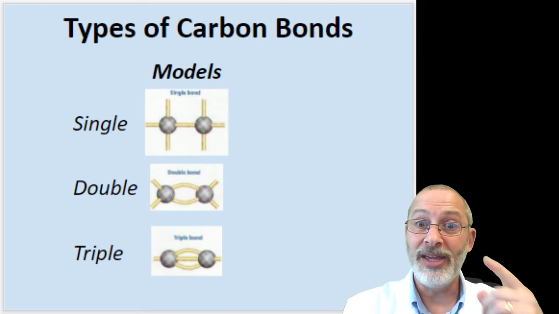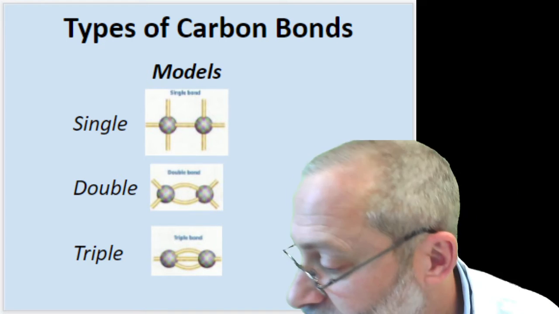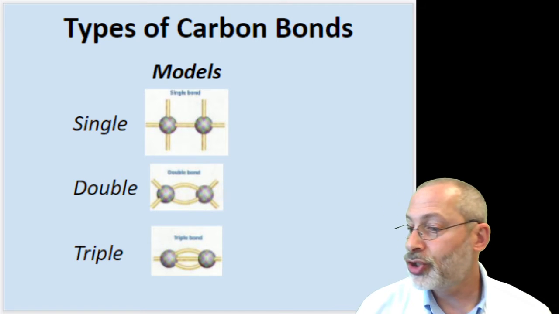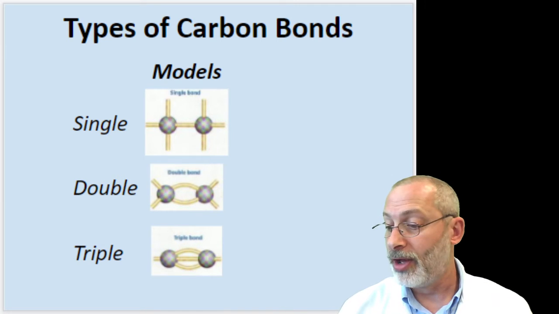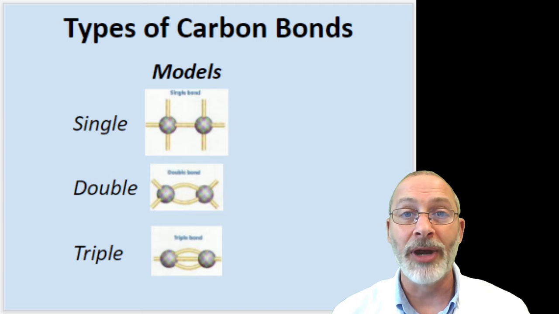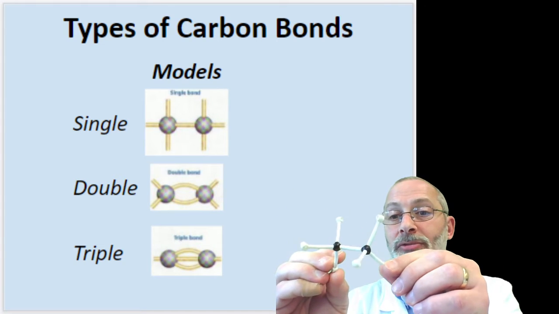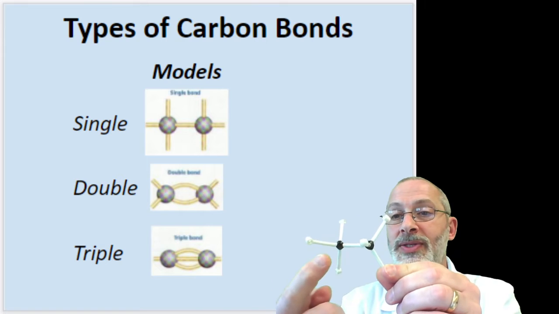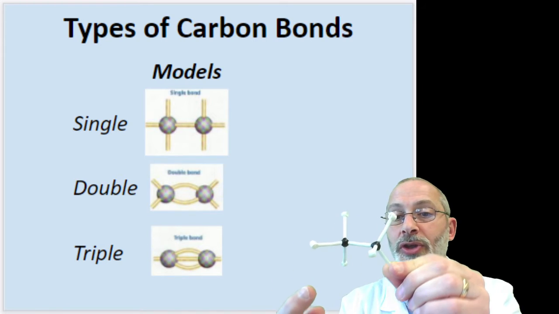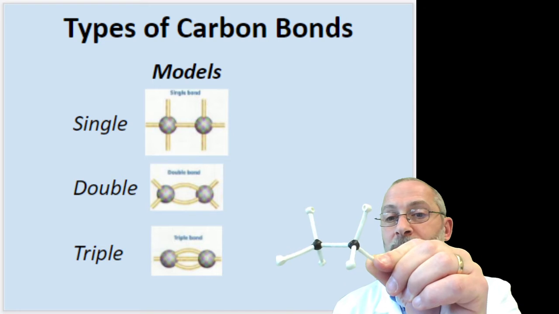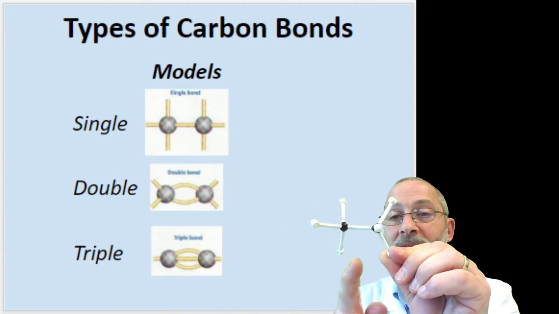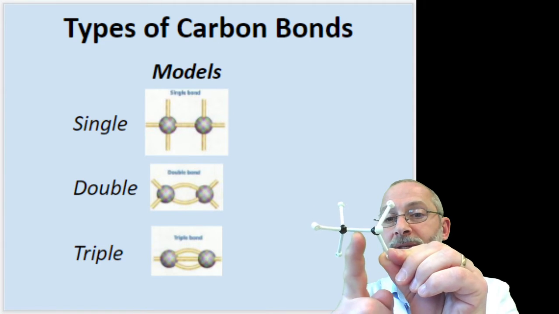Very important that you get these three types of bonds straight. And I'm just going to show you another example of models because we're going to be playing around with these models as well. These have white rods to represent the bonds, black spheres for the carbon, and the white objects for the hydrogen. But right now, we're just looking at the bonds.